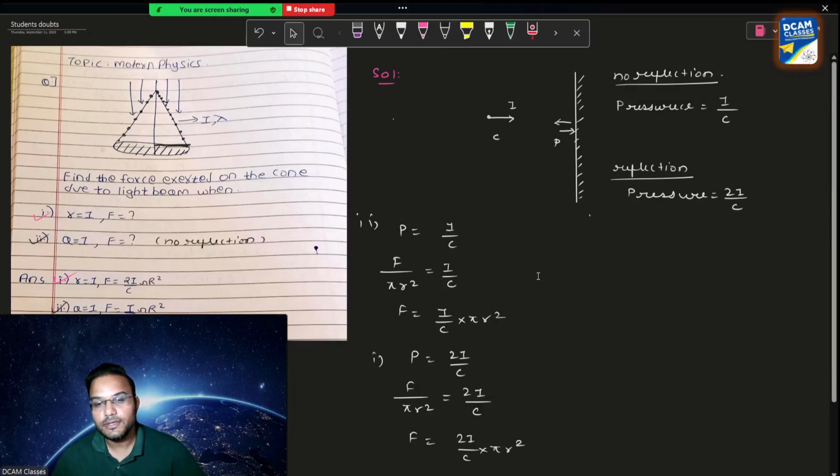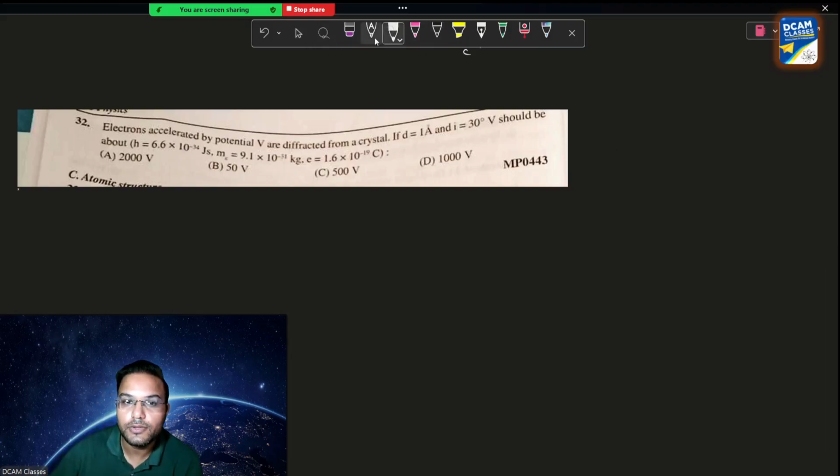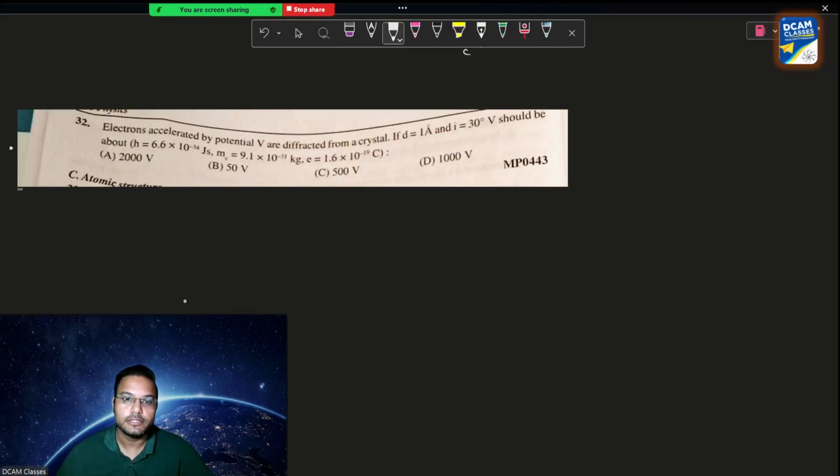Now coming to the next one which he has asked. Now let's see the second one. This is the second question. Electrons accelerated by potential V are diffracted from a crystal, with spacing D1.